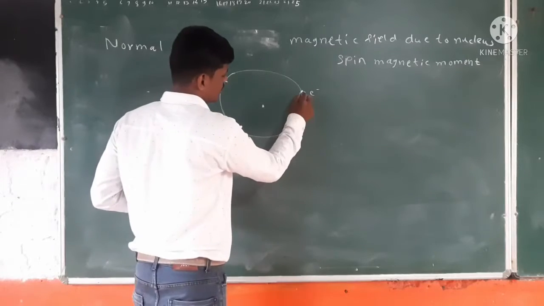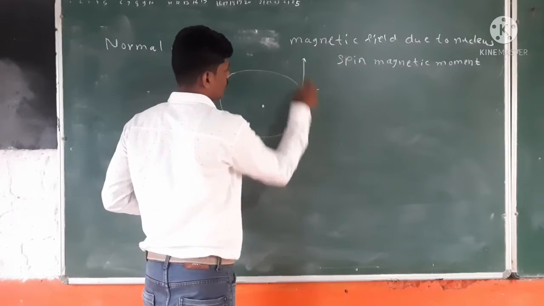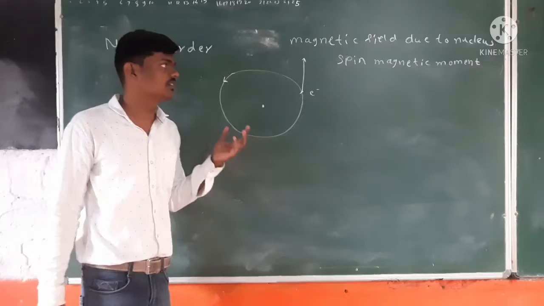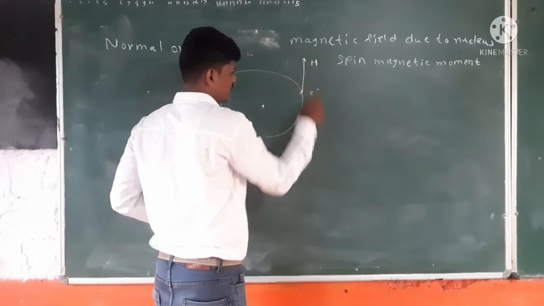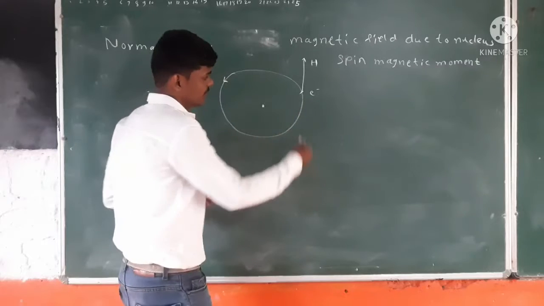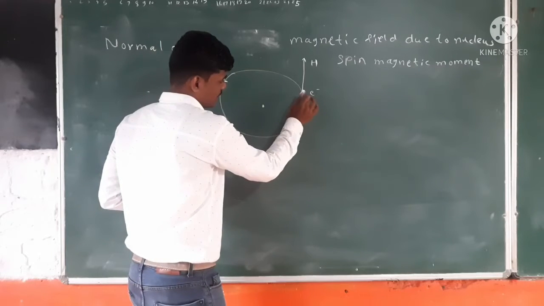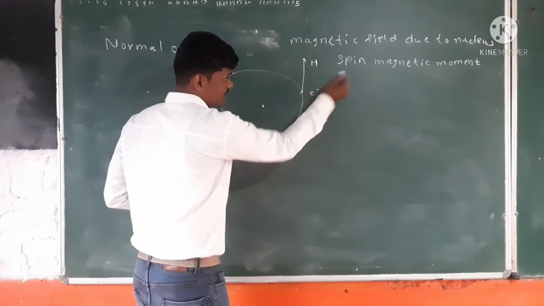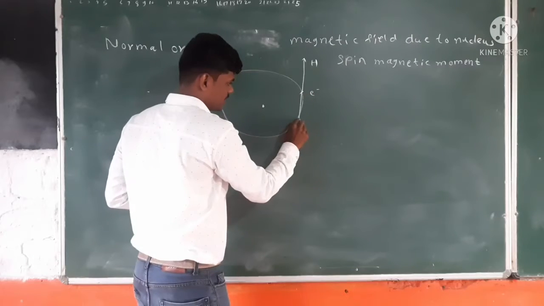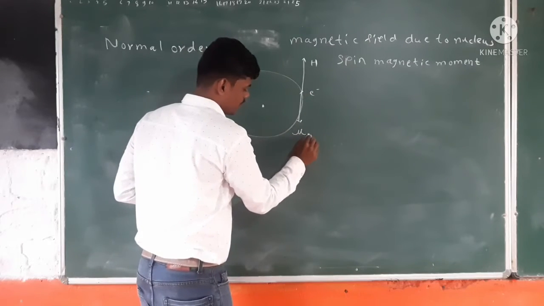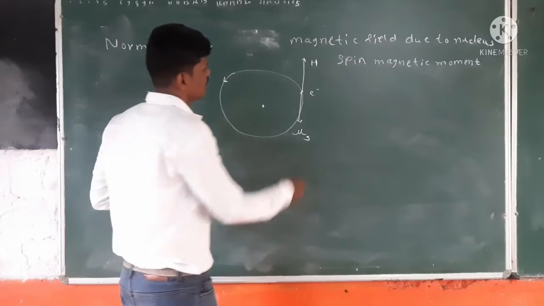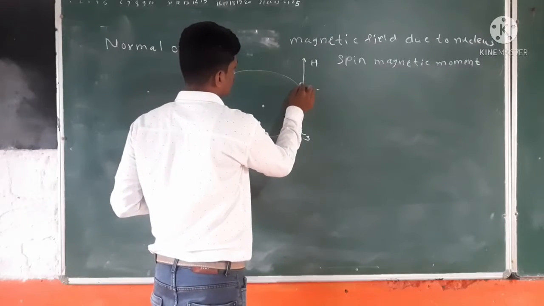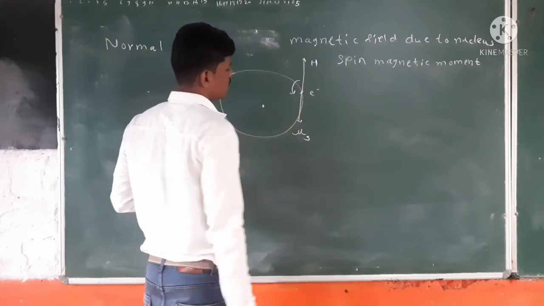Due to this electric field, we know that when there is an electric field, there is a magnetic field, so magnetic field H. Now the electron also has a magnetic moment, that is the spin magnetic moment. We can represent it here as mu, the spin magnetic moment of the electron. So the electron is revolving like this.